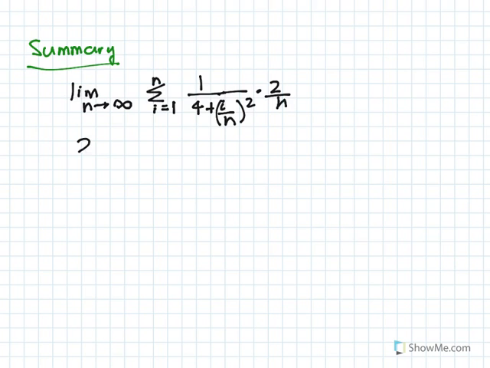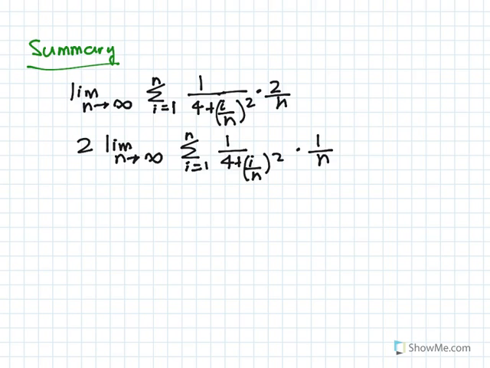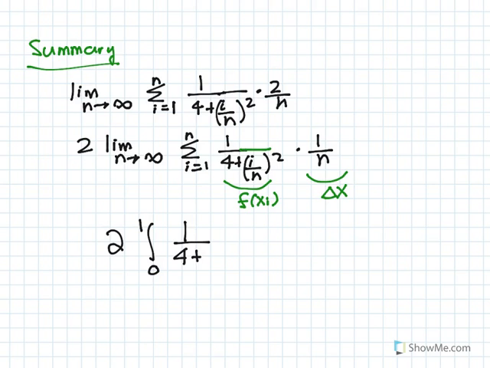We factor the 2 out, we get 2 limit n goes to infinity, summation i goes from 1 to n, 1 over (4 plus i over n) all squared times 1 over n. This part is a function, that's f of xi, that is 1 over (4 plus i over n) squared. This part is delta x. We transform that into a definite integral, and we get 2 times the lower limit 0, the upper limit 1, 1 over (4 plus x squared), that's the function, integrated with respect to x.